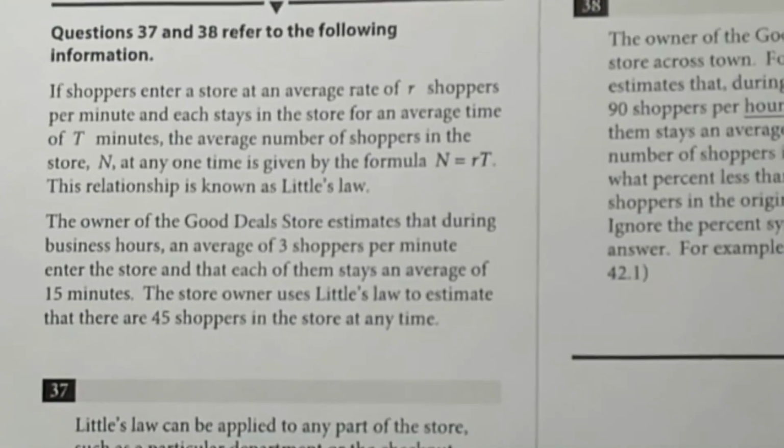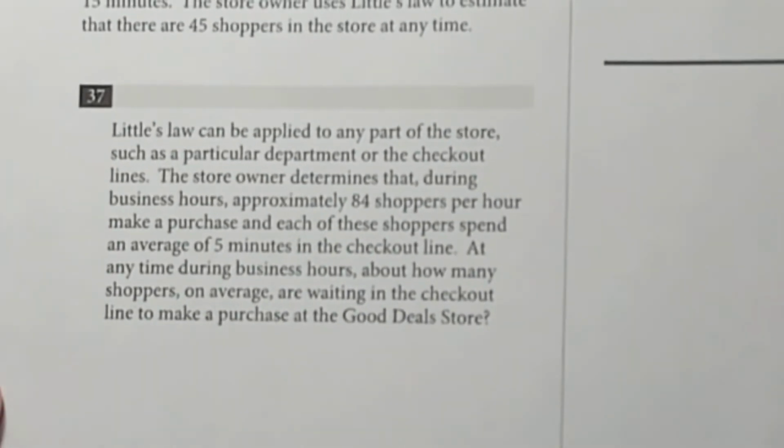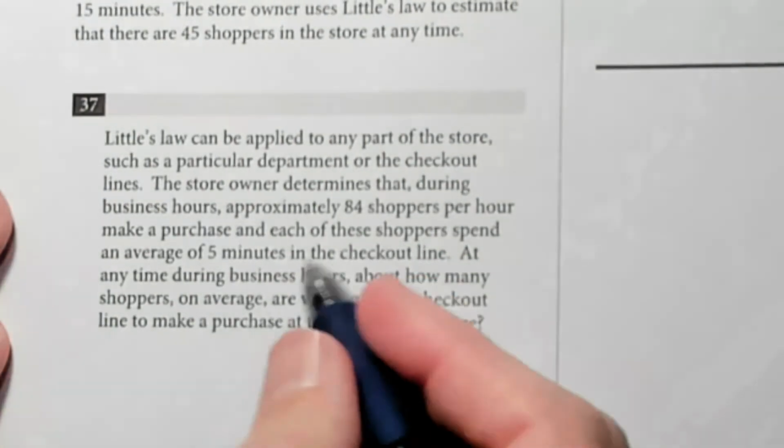Here's 37. There's the top part of it. And I'll scroll down a little bit. You could read that. Try to do it yourself. So what have we got here?